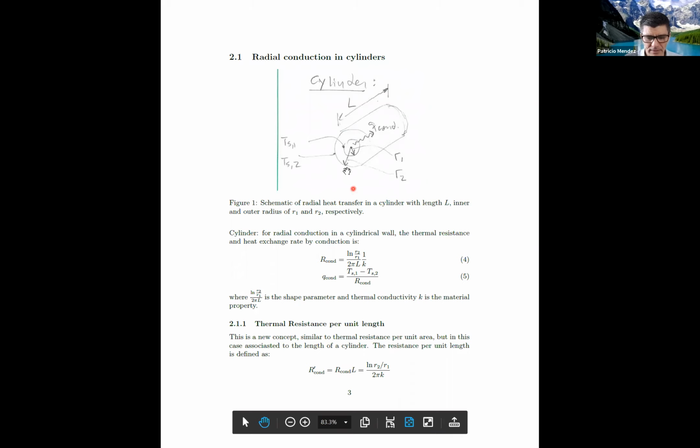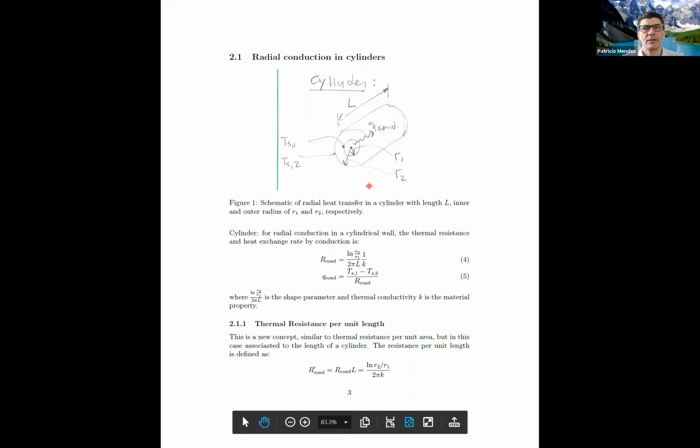And the delta T, again, is temperature inside minus temperature outside. For example, if it is a cylinder carrying a hot fluid, it's going to be high inside and colder outside.